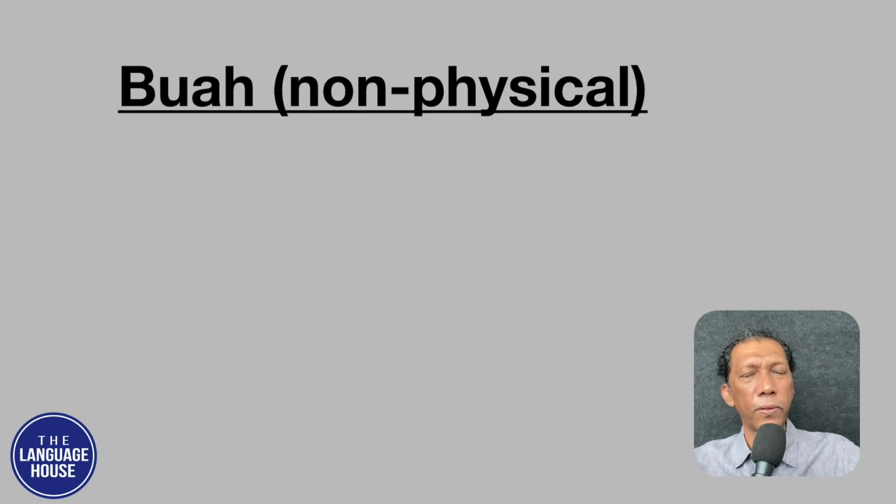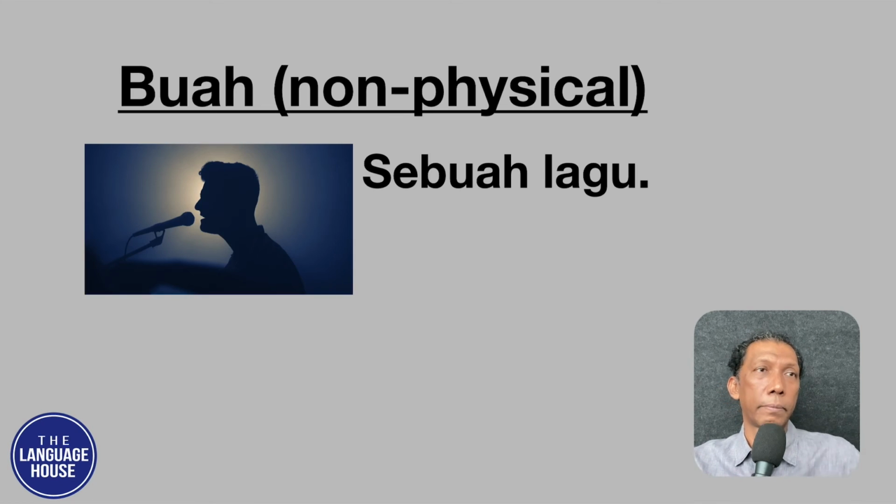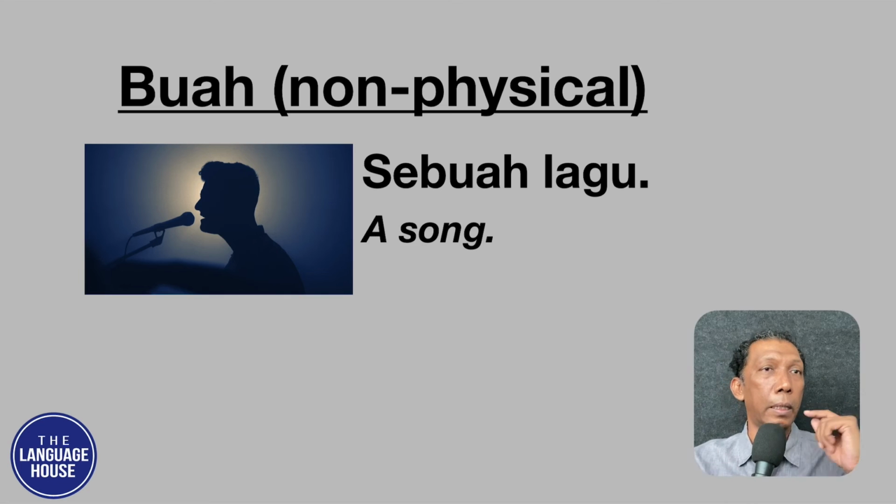How about non-physical items? You also have counters for them. For example, a song is sebuah lagu. Yes, you use buah for things like a song, because you cannot see them.